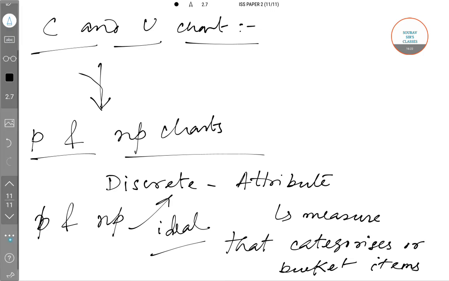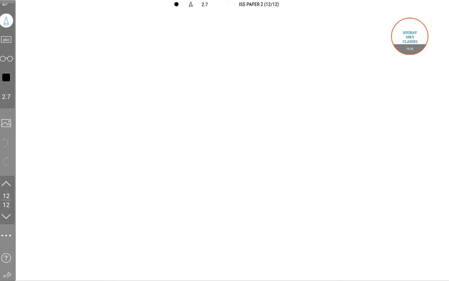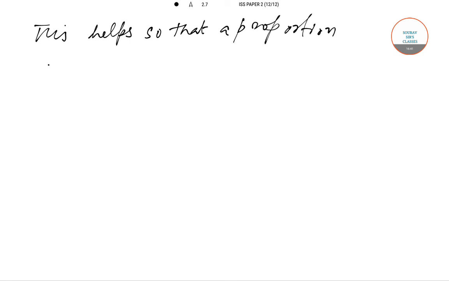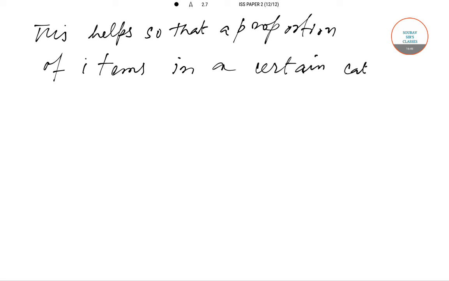So this helps so that a proportion of items in a certain category can be calculated.